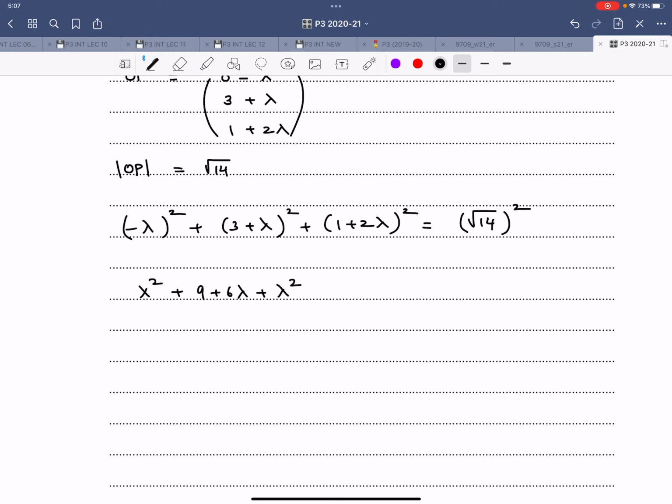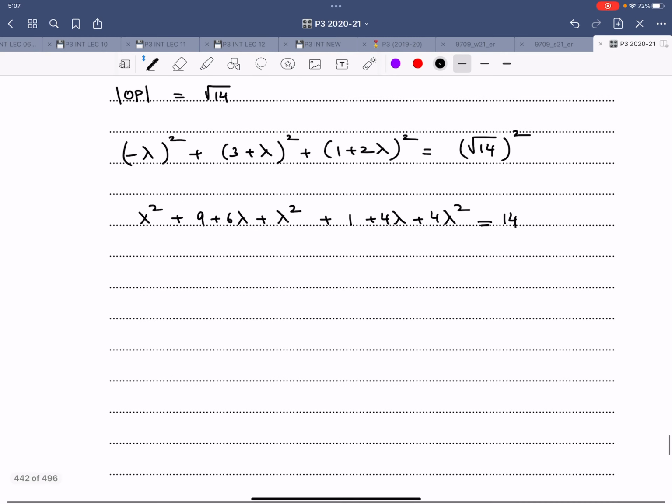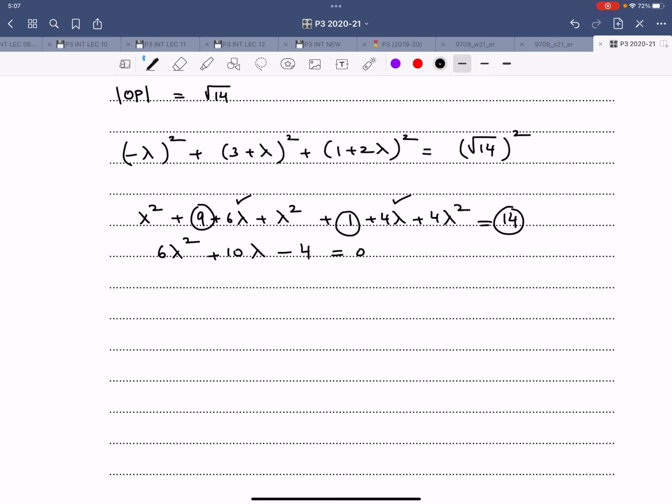This is 1 plus 4 lambda plus 4 lambda square is equal to 14. So lambda square and 4 lambda square, that is 6 lambda square. And there is 6 lambda and 4 lambda, that is 10 lambda. And this is 9 and this is 1, that's 10. 10 minus 14 is negative 4 equals 0. I can divide by 2.